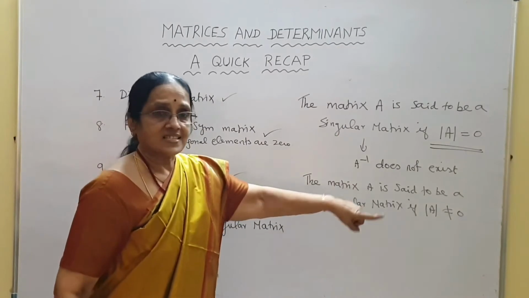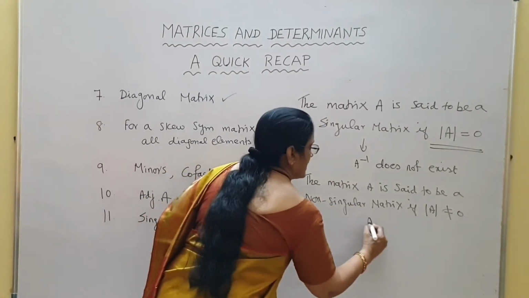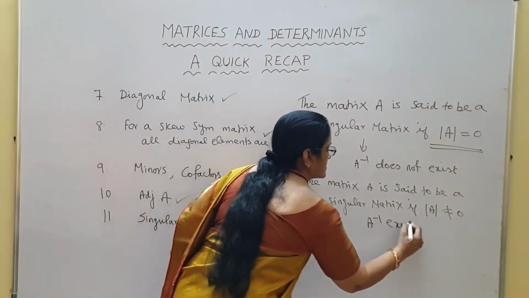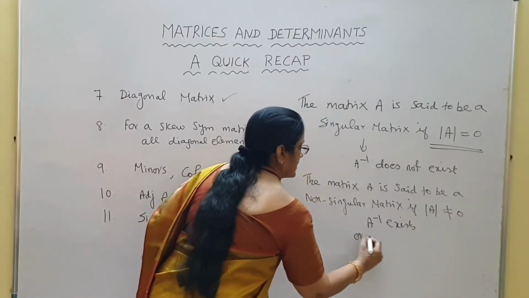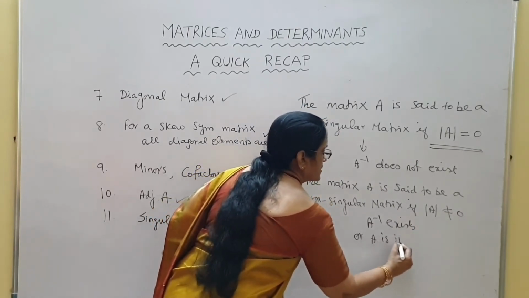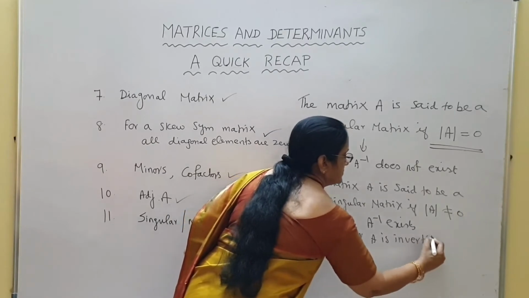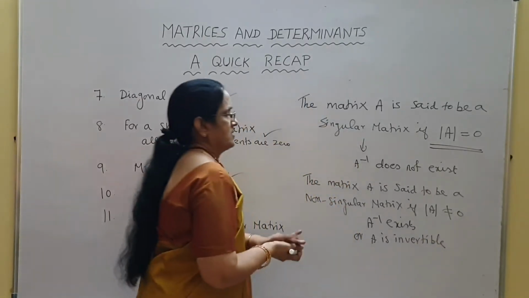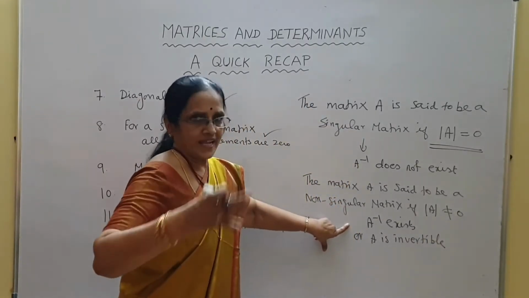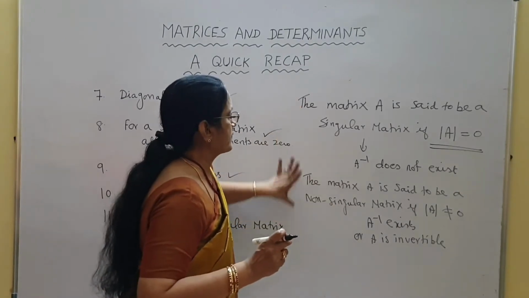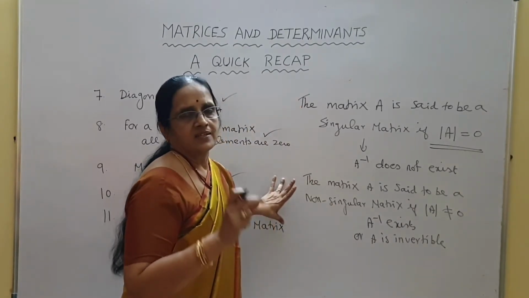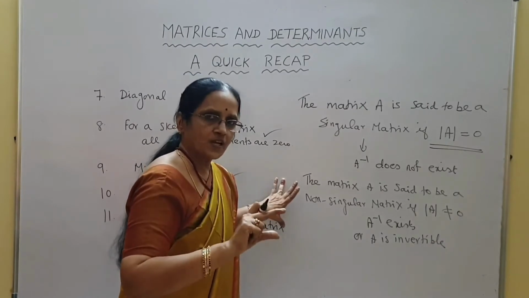Only in such cases A inverse exists, or A is invertible. So only this concept I am going to tell you next. So these 2 points are very important: singular matrix and non-singular matrix.